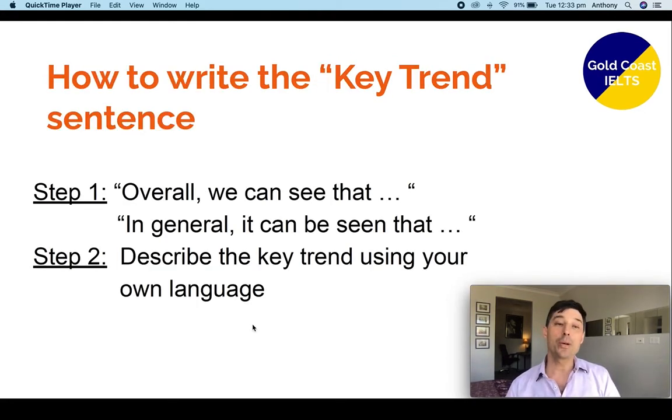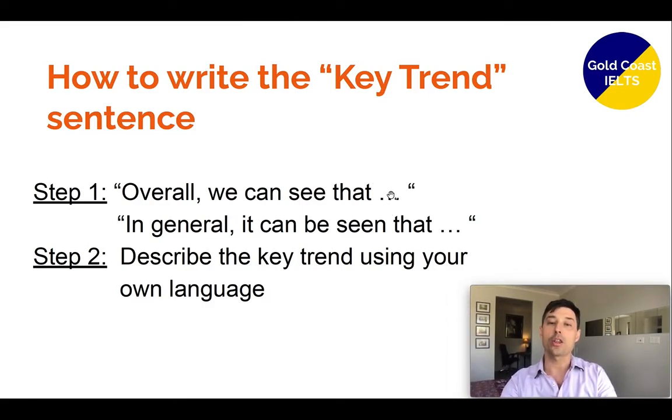So here's the language you need to use to make the key trend sentence. There are two steps to doing it. The first step is to say something like, overall, we can see that, or in general, it can be seen that. The second step is to describe the key trend using your own language. And you want to put that second step right there where you can see those three dots.